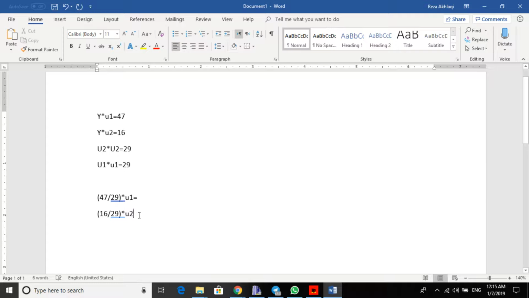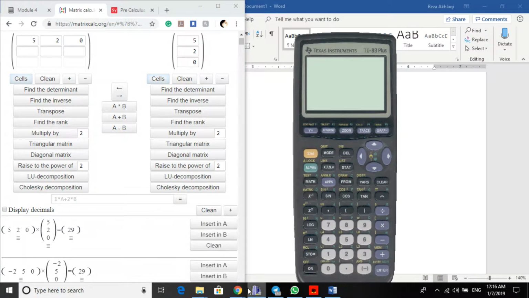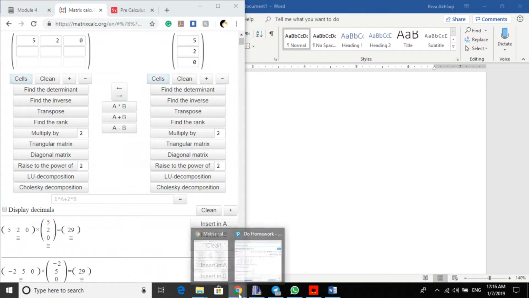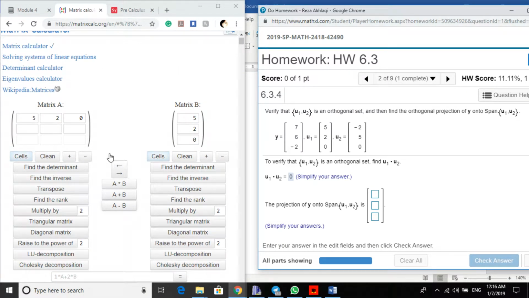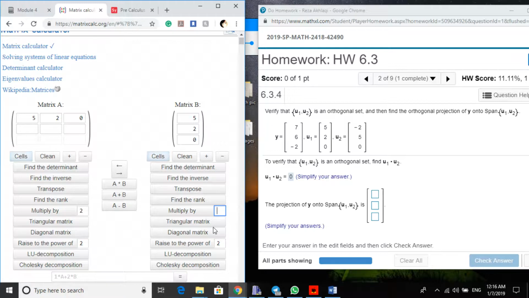Now the first one is 5, 2, 0 times 47 divided by 29, and we find this multiplication.